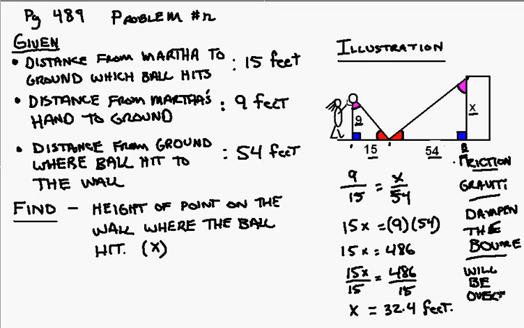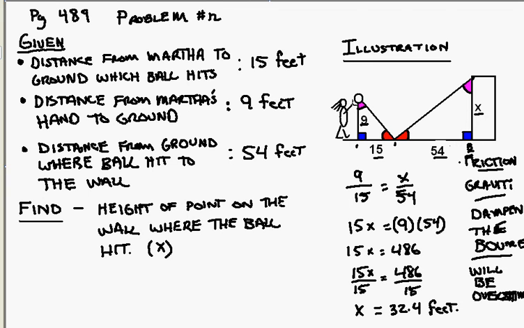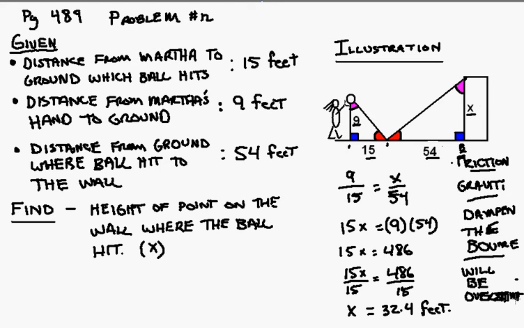The fact that you have gravity and friction working against the ball would probably cause the ball to be somewhere down in here. That would be my answer for part B.